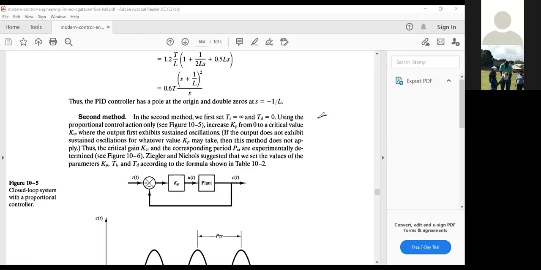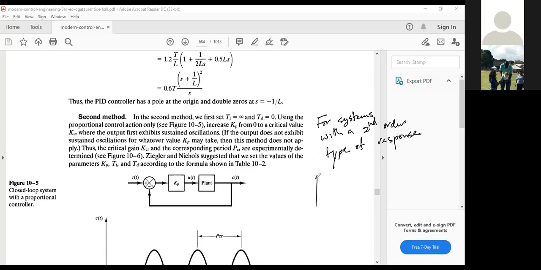This is for systems with a second order type of response. What we were discussing last week is systems with a first order type of response.